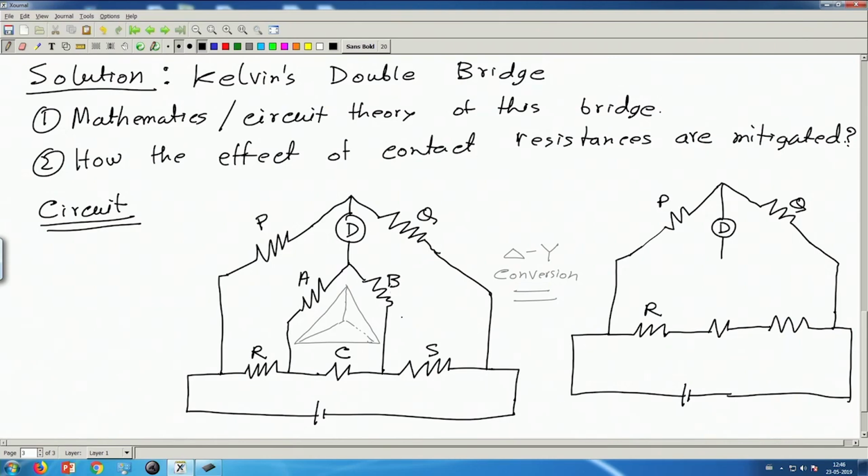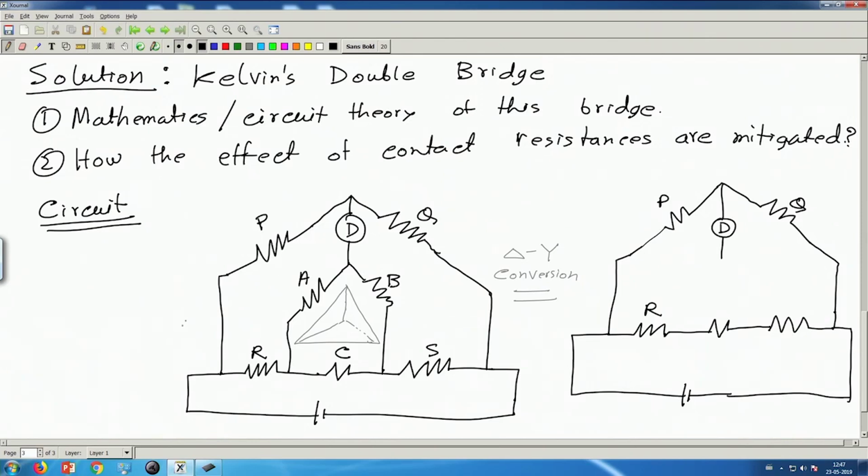Okay? Do not concentrate on the question why or how have we got this complicated bridge. Do not go into that question. We will talk about that later. Okay. Right now, this is just a straightforward circuit simplification problem.